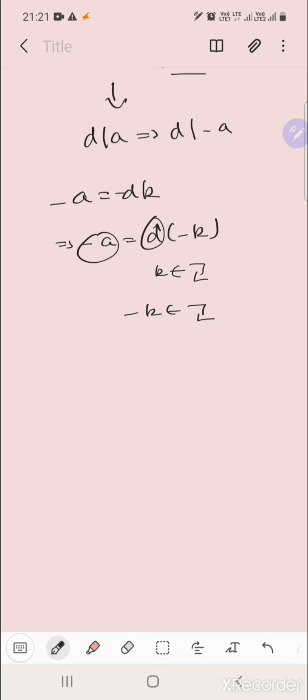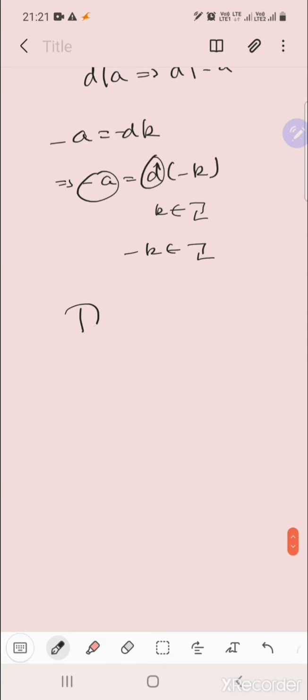So let's see. Division. Any positive integer n can be written in the form ka plus b, or better, conventionally written as n is equal to qa plus r.